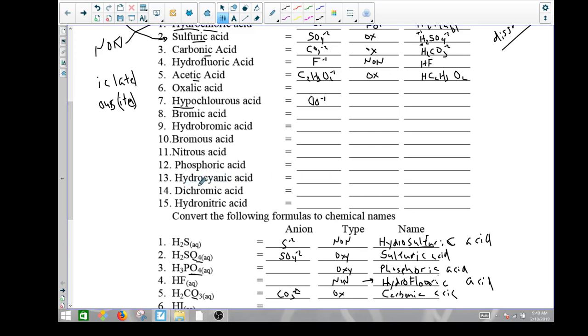That's a non-oxy acid, and that is going to be CN -1. So check that on your ion sheet. Dichromic is also on your ion sheet. Cr2O7 minus 2. It's a 7. Other than that, we'll stop there. Thank you.